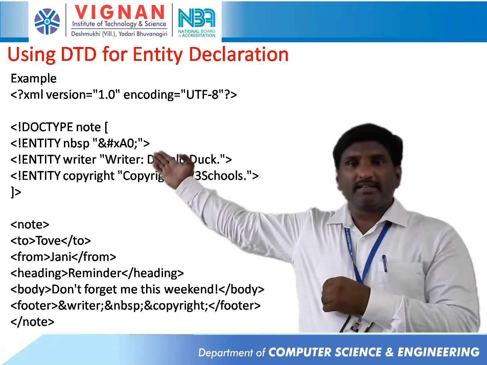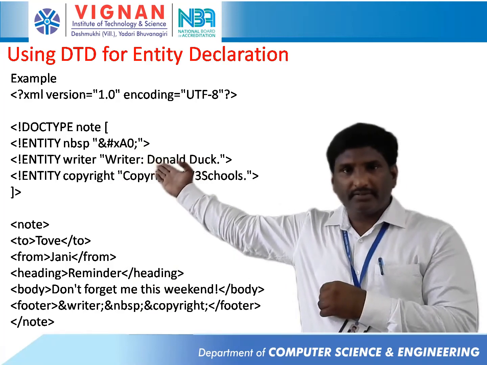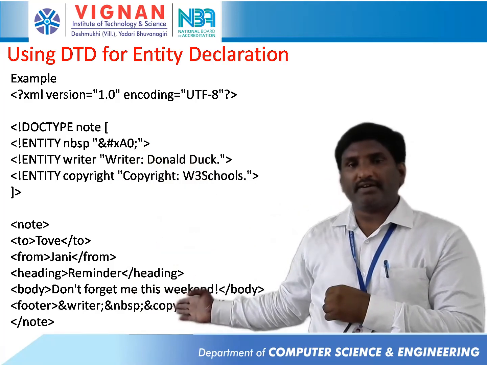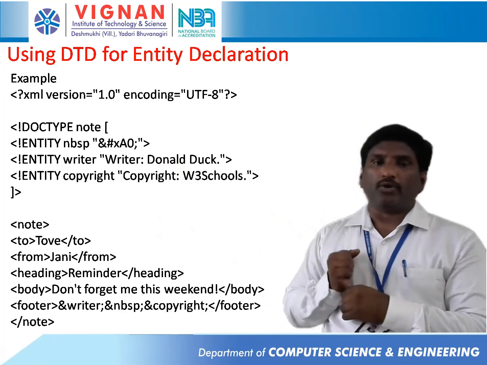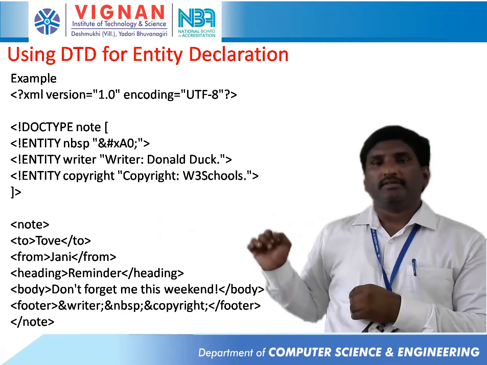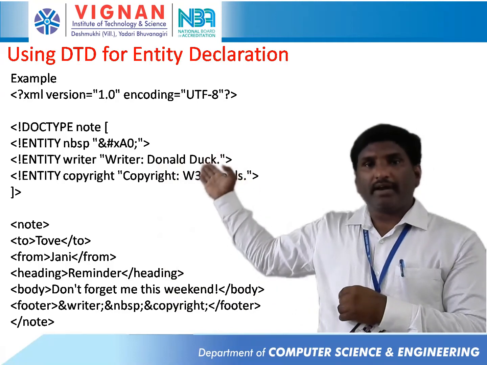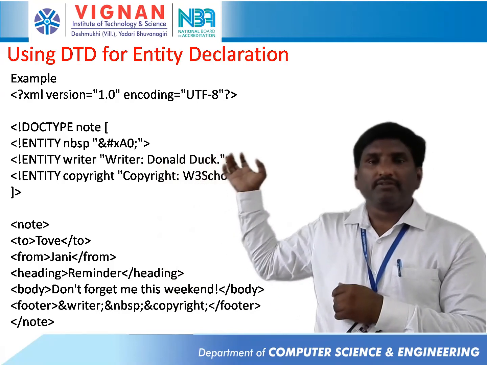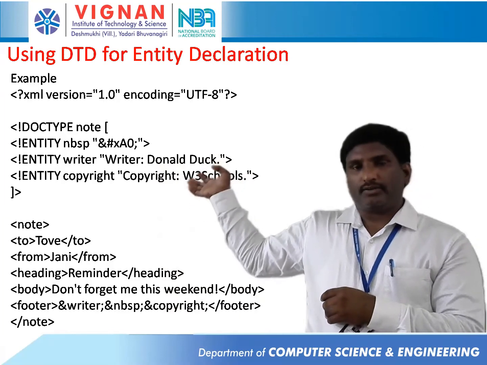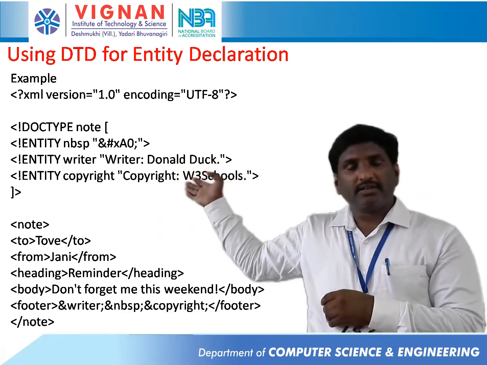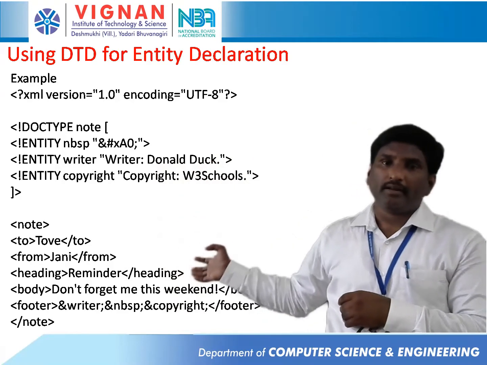So this is the declaration of entities, and this is the usage of entities. We use ampersand, name, semicolon. So these are the user defined entities. In that way, we can specify entities in DTD, and if we specify entities in DTD, we can use them in the XML document.